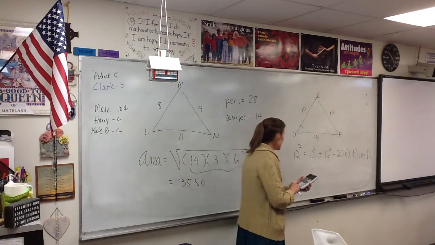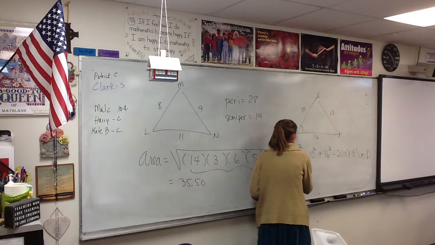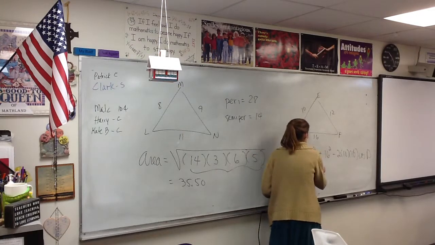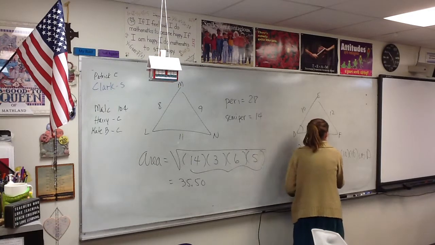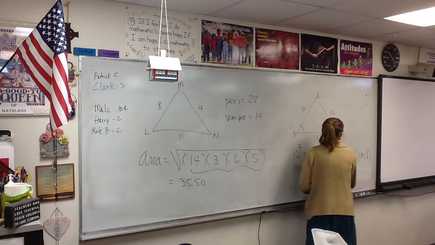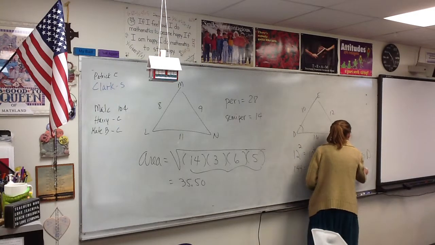We're going to figure out each piece. We got 144 equals 100 plus 256 minus 320 cosine D.